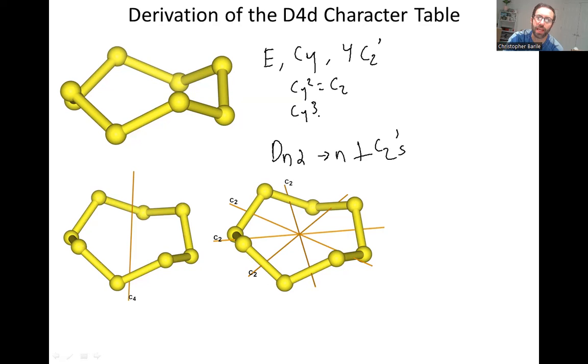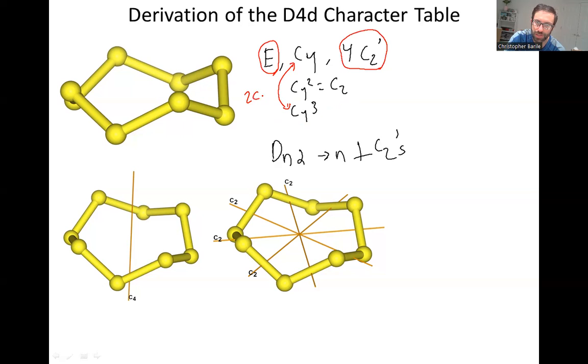In previous character table derivations that I've done before, we've had this pattern where the C2 is in a separate class. So if we're to highlight classes here, identity is always in its own class. These C2 primes, as I talked about, they're similar, so they're going to go in the same class. And the C4 and the C4-3, those go in their own class.